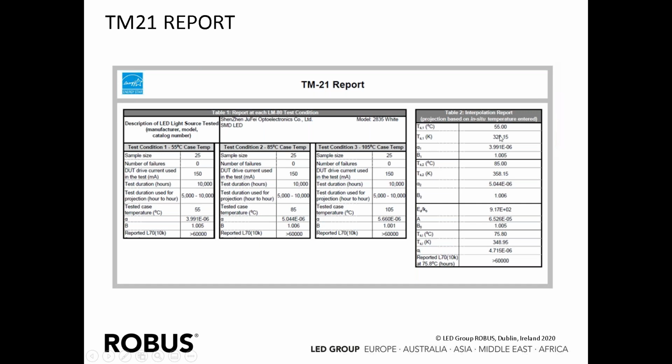So we refer to the information from the 55 degree and 85 degree junction temperature data, and it then pulls out the reported L70 hours at 75.8 degrees C. So this is the real product in its operating conditions, and it's reporting that we will get greater than 60,000 hours from that product at 70% of its initial lumen output.